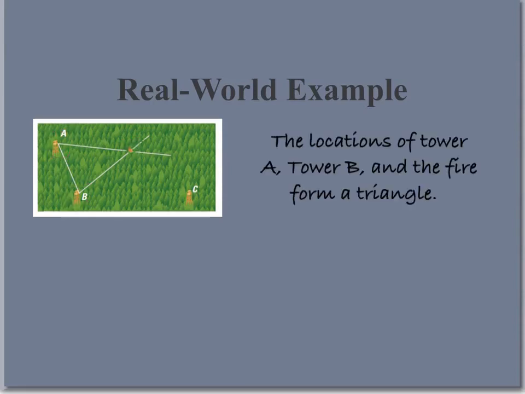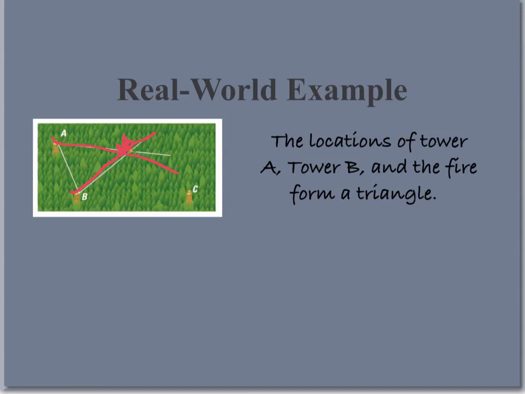So the locations of Tower A and Tower B and the fire form a triangle. So you can see it on the diagram here. The view of the person at Tower A is looking out across this side. The view of the person in Tower B is looking across that side. And the fire itself forms the third vertex of that triangle.